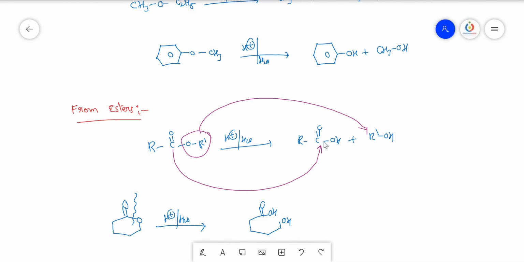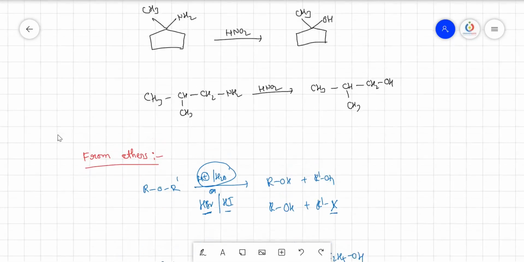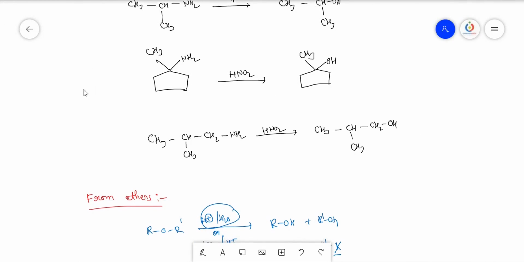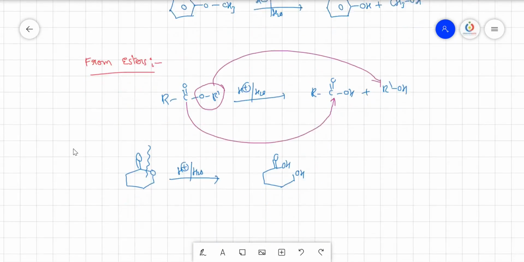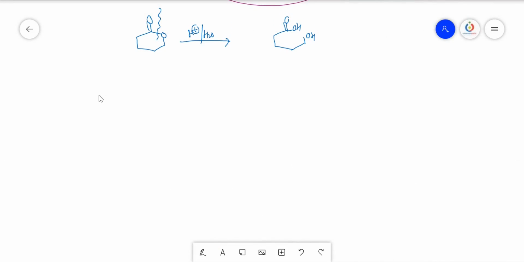Esters on hydrolysis give the carboxylic acid and alcohol. Ethers give the alcohols. How we are getting the alcohols from different functional groups is nothing but the chemical properties of these functional groups. So once you read one particular lesson and complete half of the organic part, then the remaining is nothing but the revision of those earlier concepts.